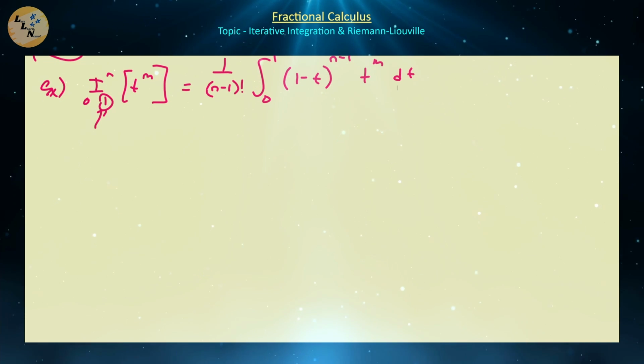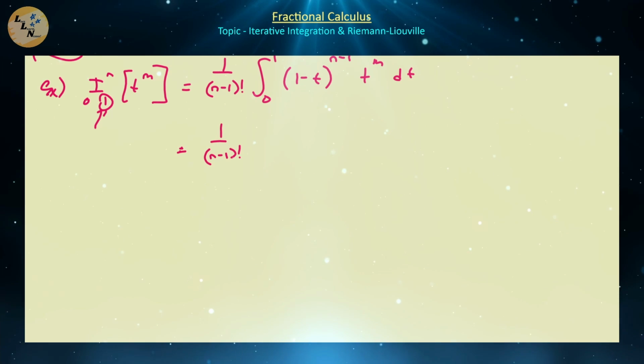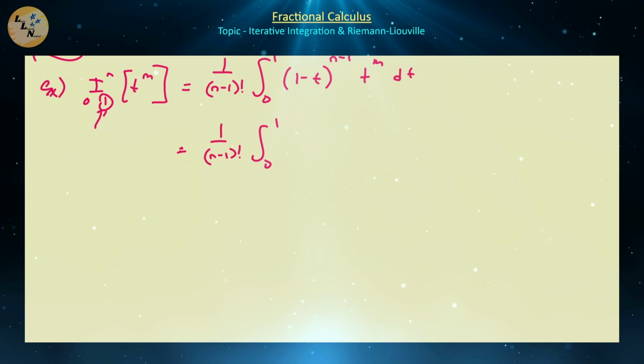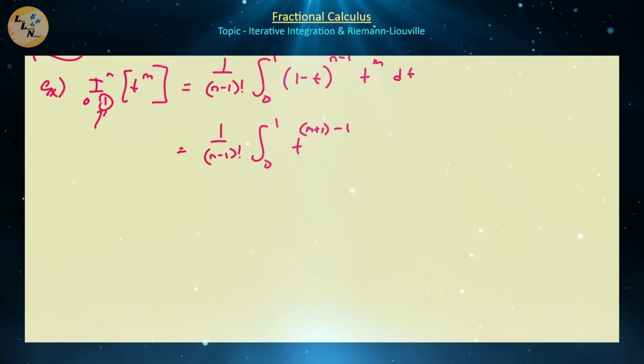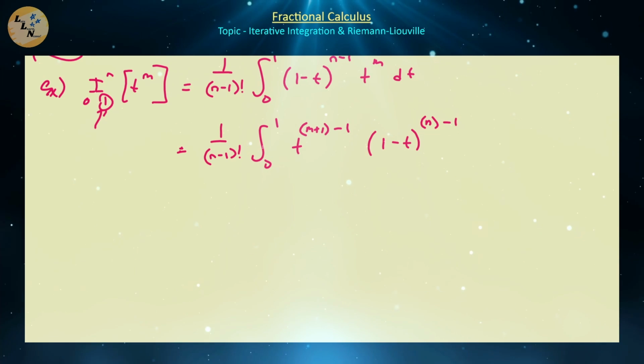So what I want to do is rewrite this in a familiar way. So this is going to be equal to 1 divided by (n minus 1) factorial, integral from 0 to 1, and I'm going to put my t to the m in the front. I'm going to write it as t to the (m plus 1) minus 1, because 1 minus 1 is just 0, so that's going to be equivalent. And then we're going to have (1 minus t) to the n, minus 1, and then dt.